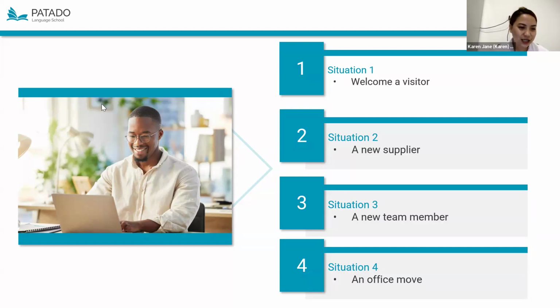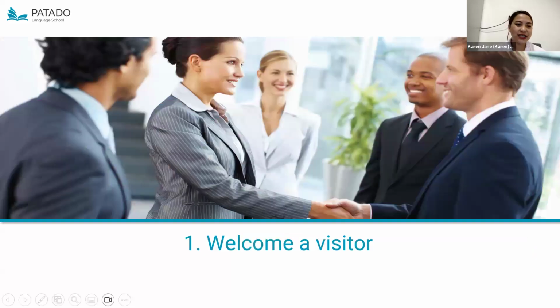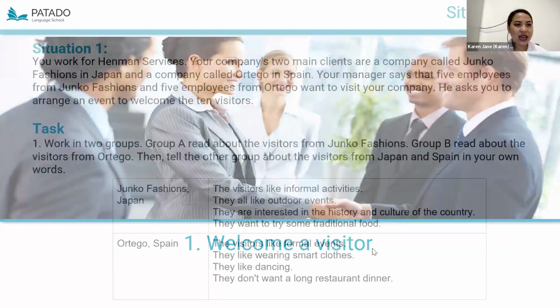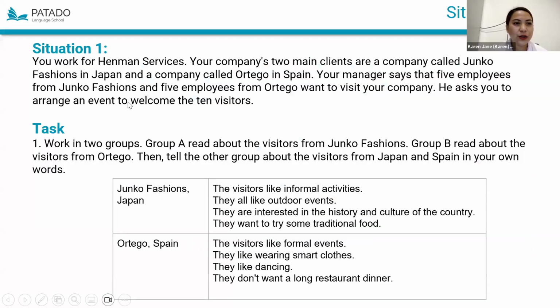These are things which you casually do, especially as you navigate into the business world, especially if you are doing office work, right? Okay, let's start now. First is welcoming a visitor. So in here we have a situation.